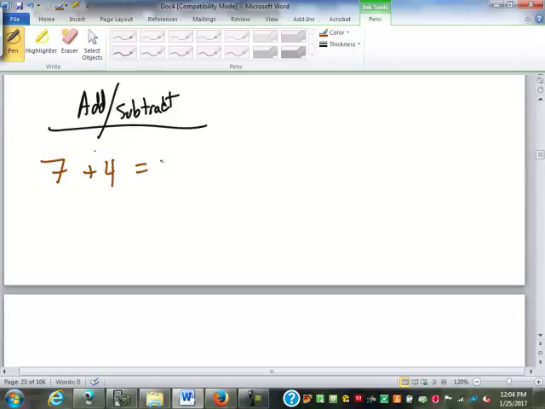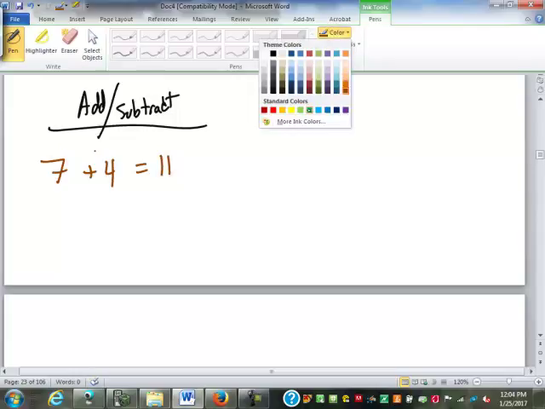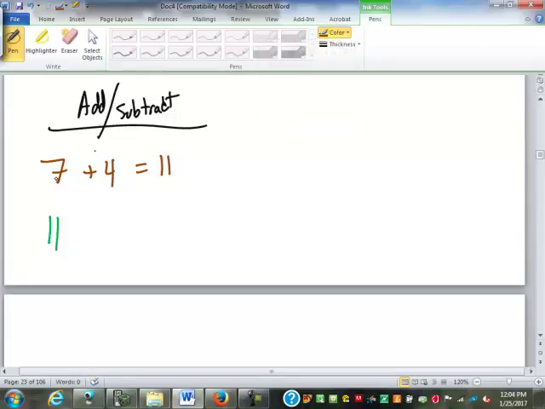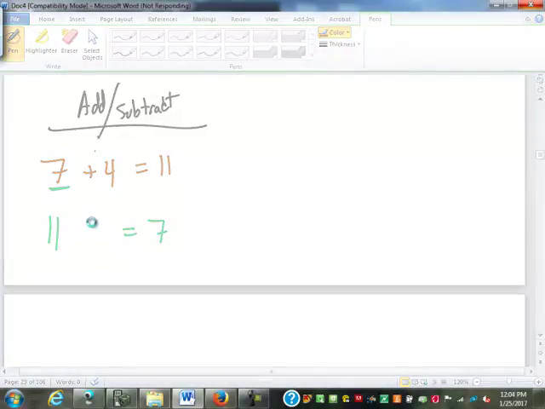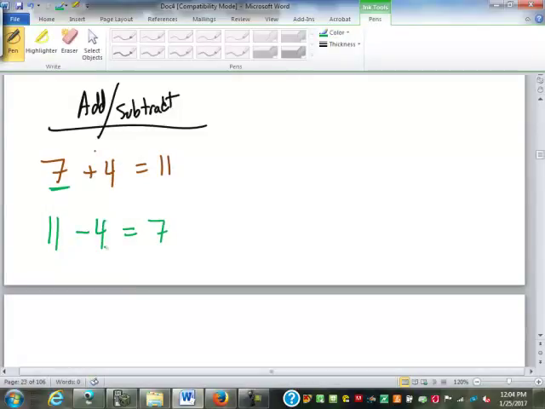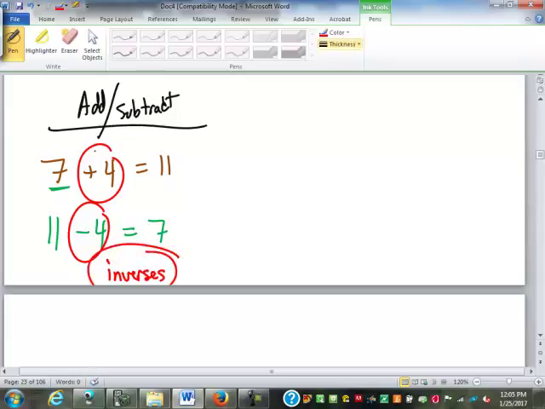What do I get? 11. There we go. If I want to take that 11 and get back to 7, what do I have to do? I have to subtract 4. So adding 4 and subtracting 4 cancel each other out. It's what we call inverses. Adding and subtracting are inverses of each other.